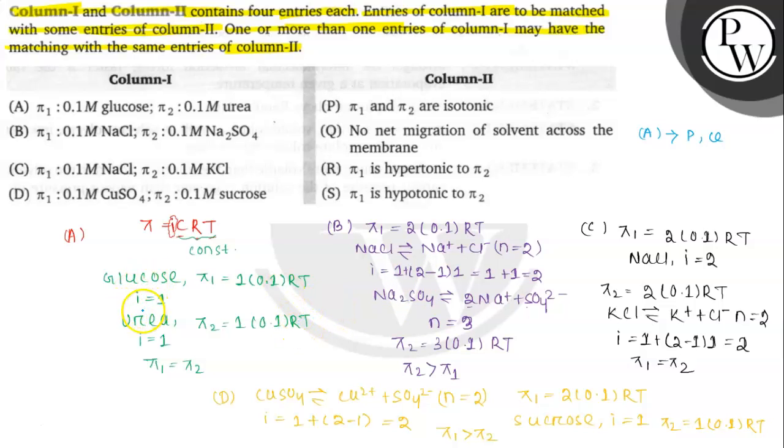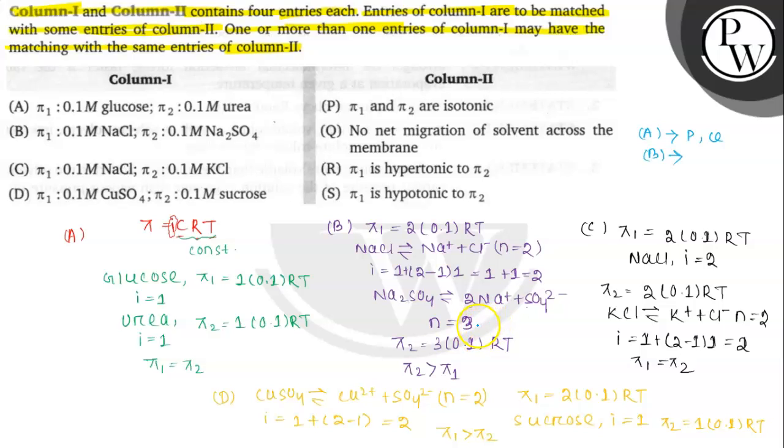Now B. In B case, they are not isotonic because they do not have the same osmotic pressure, and pi 2 is greater than pi 1. So no net migration of solvent across the membrane is also incorrect, because in case of isotonic, no net migration of solvent across the membrane occurs. Now pi 1 is hypertonic to pi 2?